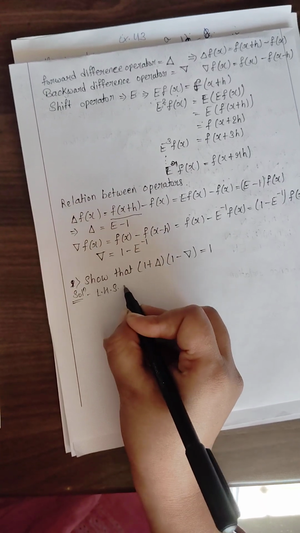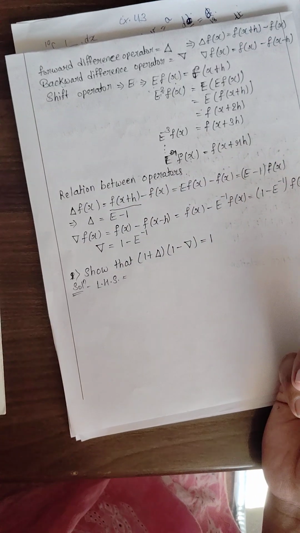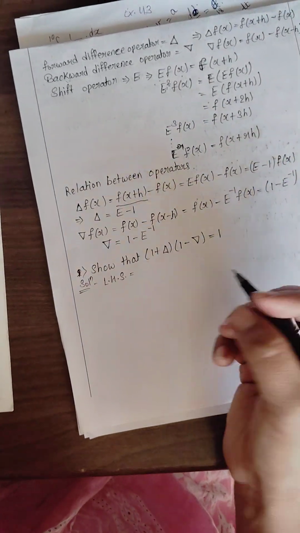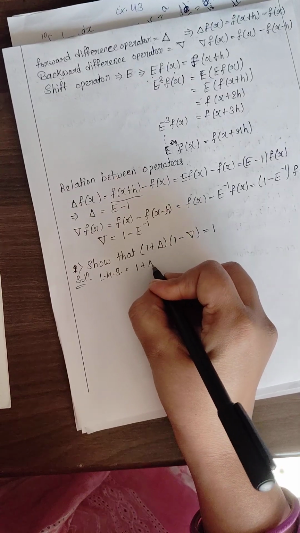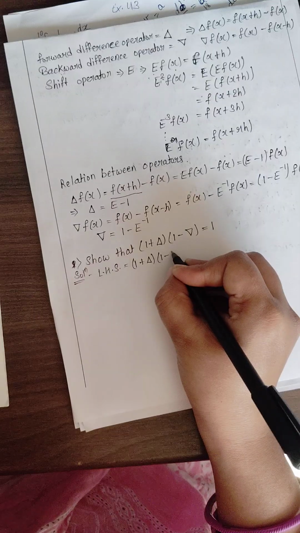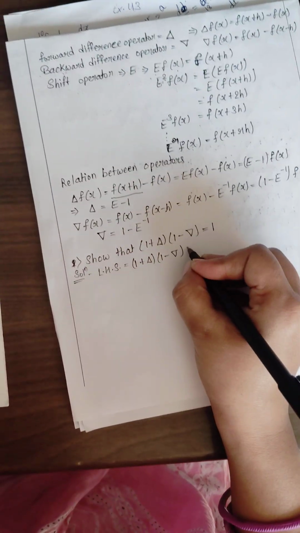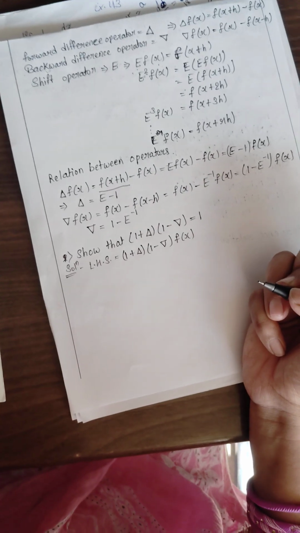Since these are operators, we have to operate on some function. So we will take the function f of x, and we will operate 1 plus forward difference operator into 1 minus backward difference operator on the function f of x.